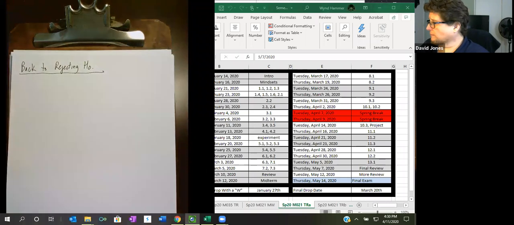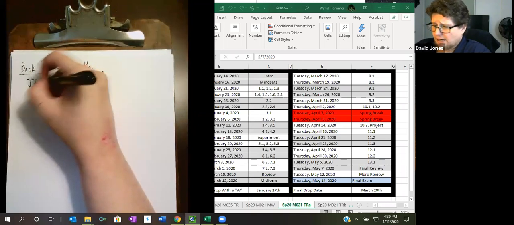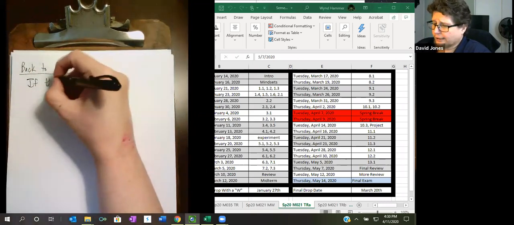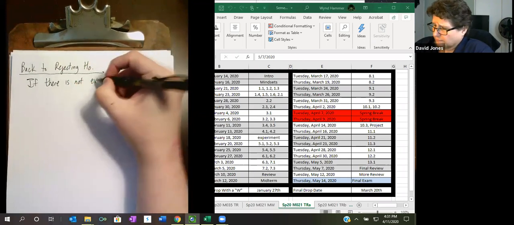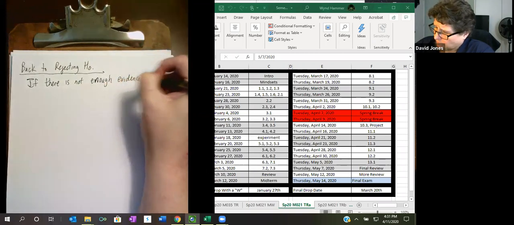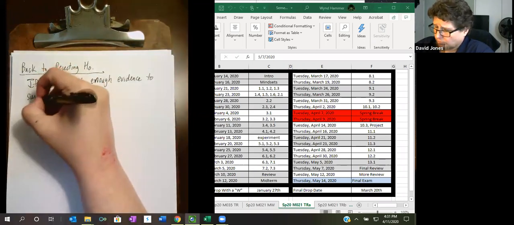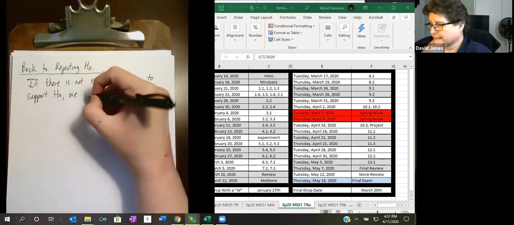So when we reject H0, if there's not enough evidence to support it, we reject it.